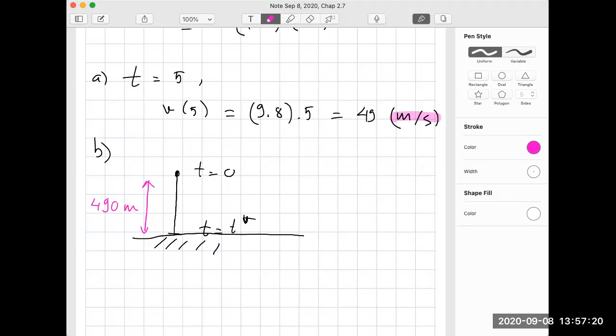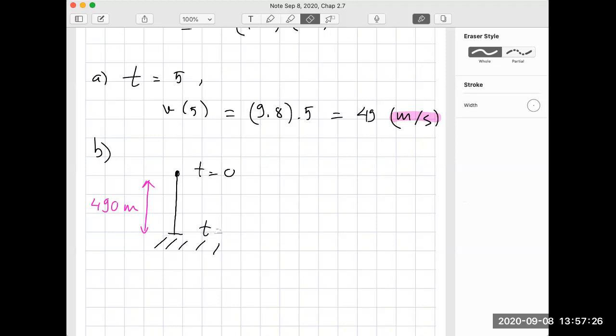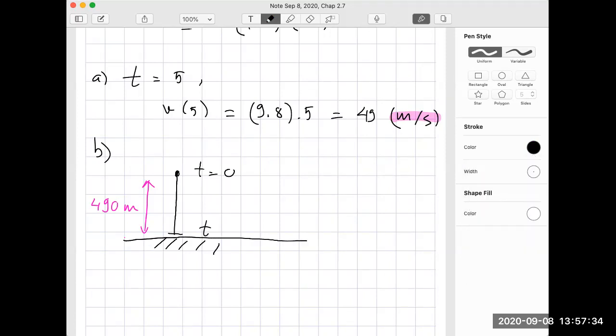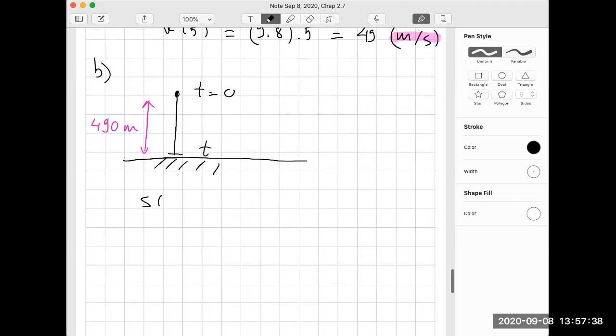At the time t, let us just call it t to make it simpler, we know that s at the time t is 490. That is what we're given.